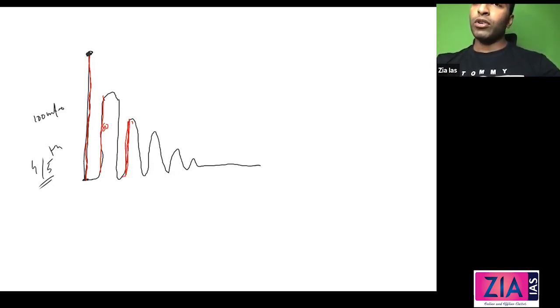It is 4 by 5 of 80, that is 64, right? Similarly, 4 by 5 of 64, then again 4 by 5, like that it will go. That is what you mean by rebound.